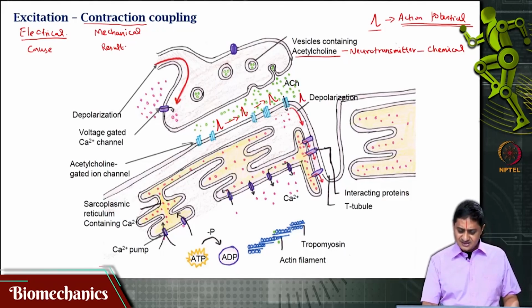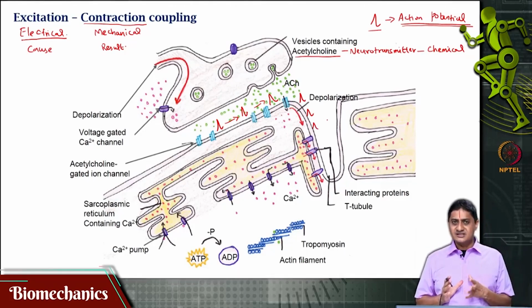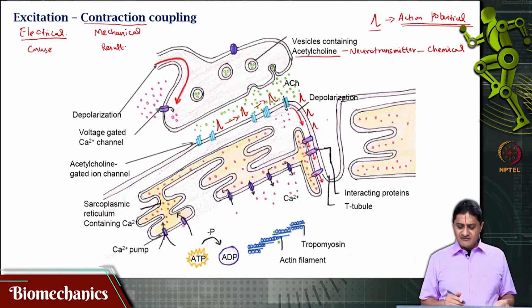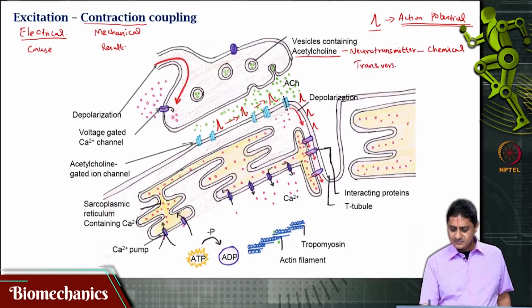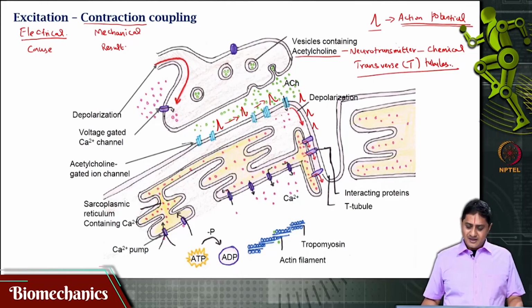So, this pulse is coming through this, and it turns out that the nature of the muscle cell is such that every now and then there are these transverse tubules that you see in the muscle cell.